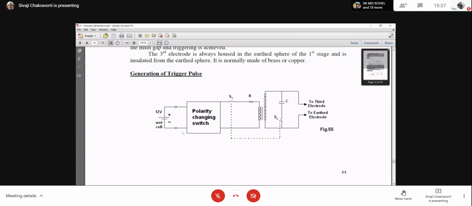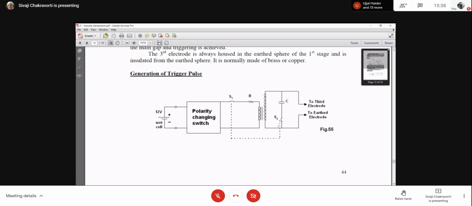So what we do is we apply a DC voltage to the primary, not permanently, just for a small time. So we switch on, press S1. By the way, S1 and S2 are two switches connected mechanically. That means when they are on, both are on, and when they are off, both are off. So when S1 closes, S2 also closes, and this capacitor C comes in parallel with the secondary.